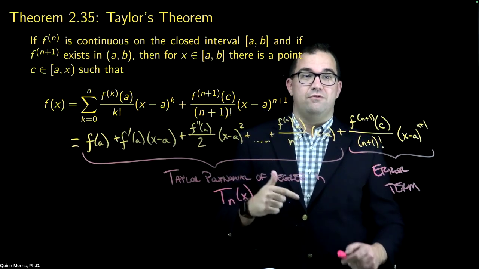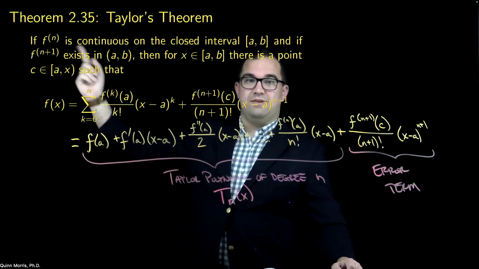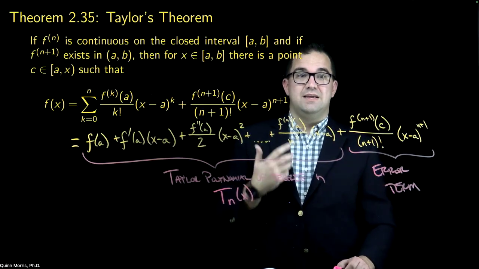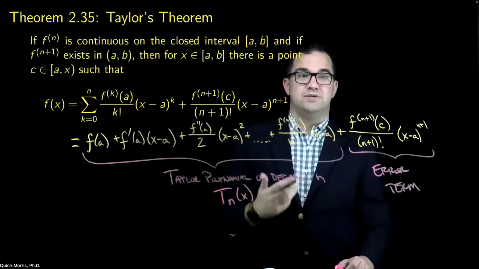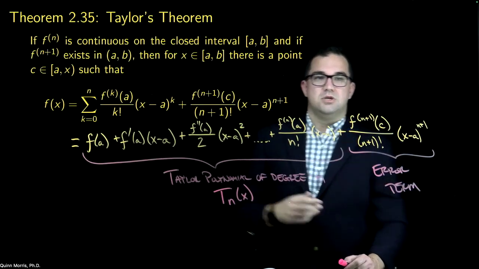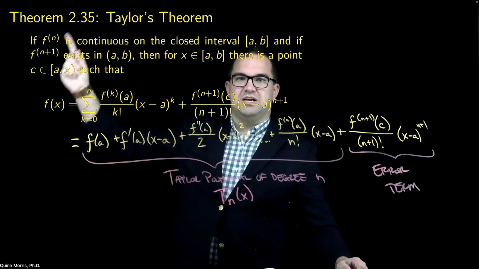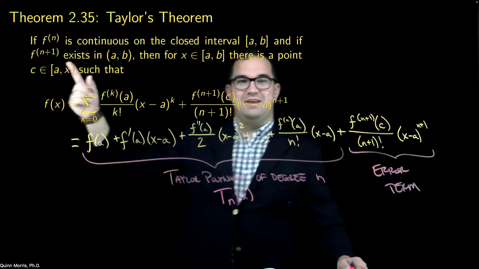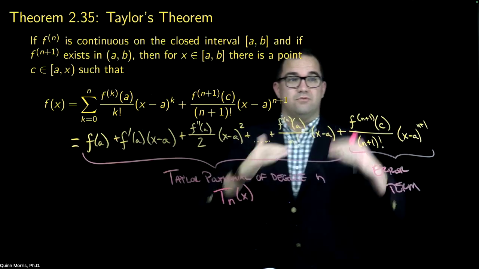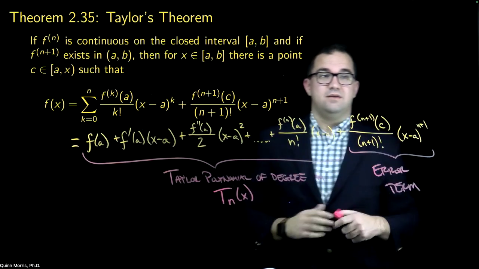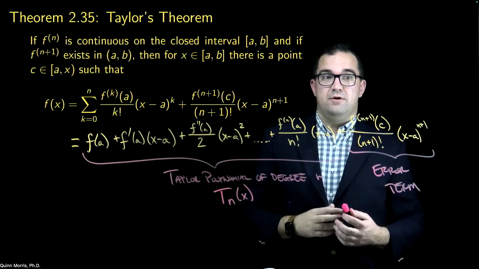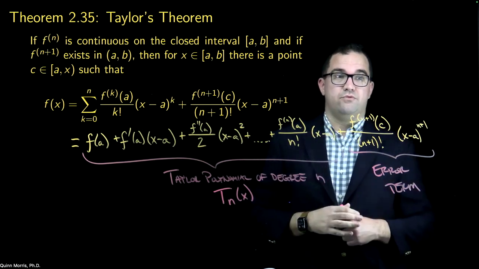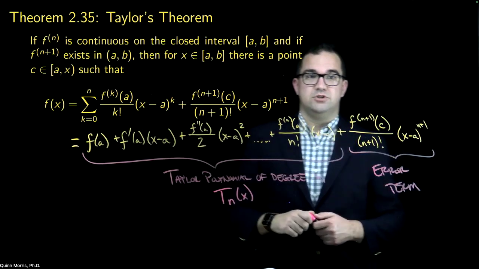Saying the nth derivative is continuous means that the function itself is n times continuously differentiable. So even though this looks like it's just a condition on the last derivative, that has implications all the way back up the chain, so that we know that the function f, depending on how large n is, must be several times over continuously differentiable.